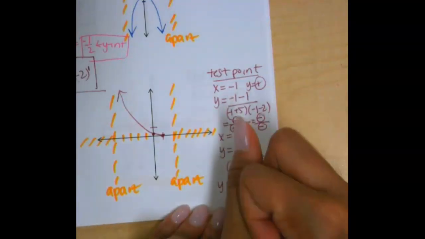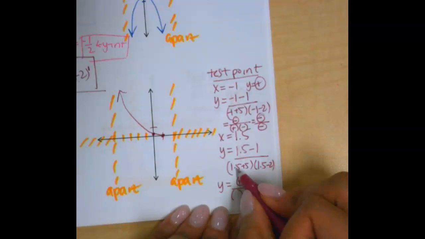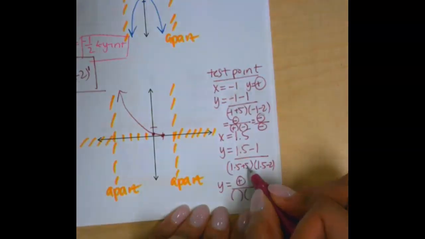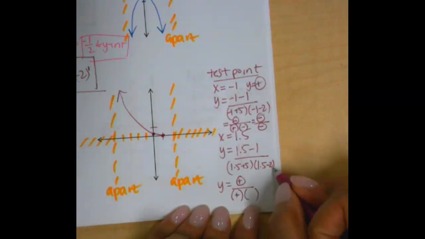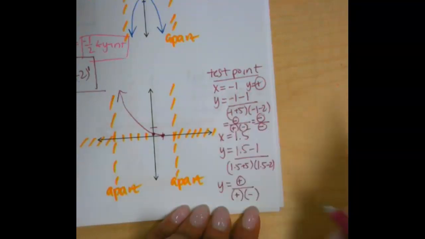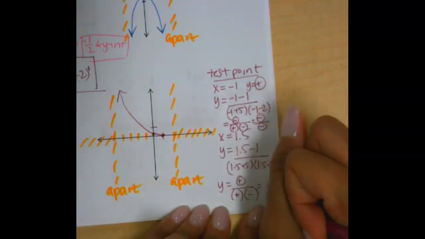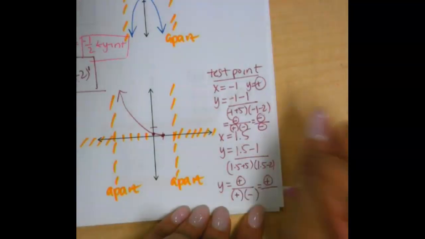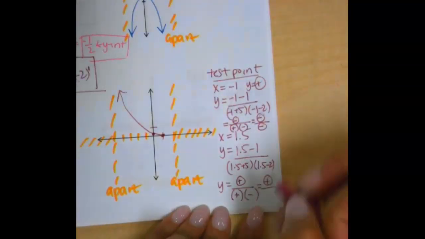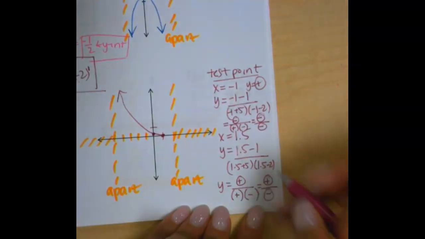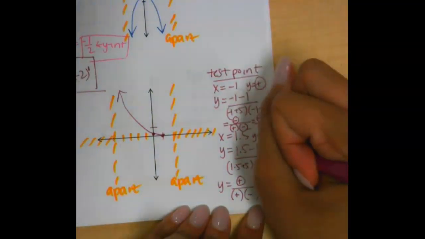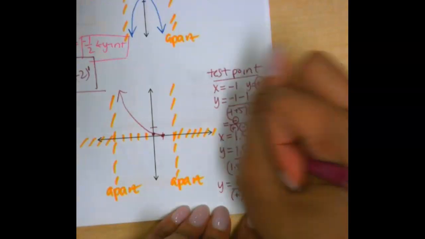I'm going to divide that by, let me put my 2 parentheses, 1.5 plus 5 is going to be 6.5, that's positive. And then 1.5 minus 2 is going to give you a negative. Okay, well, let's think about this. In your numerator, you're going to have a positive, that's going to stay. But a positive times a negative is just negative. Positive divided by a negative, y is going to equal just a negative answer.